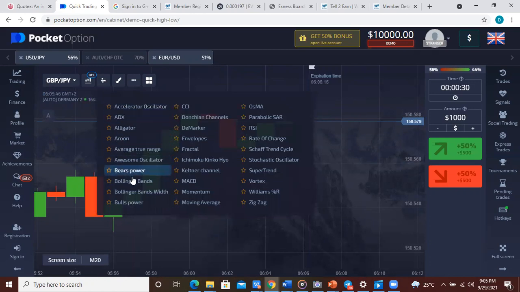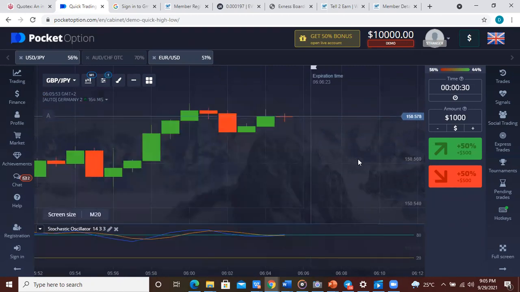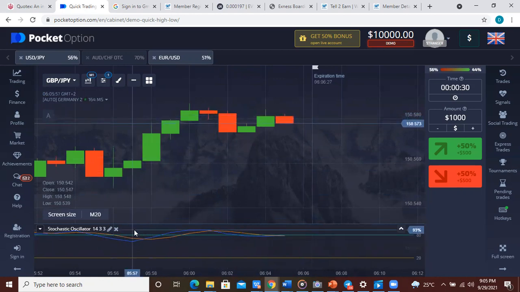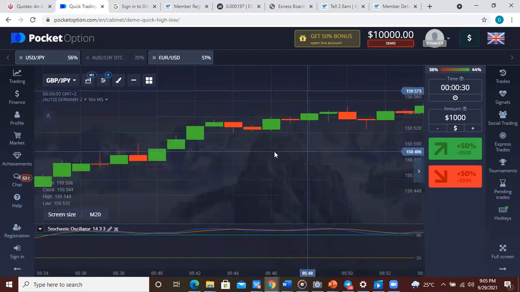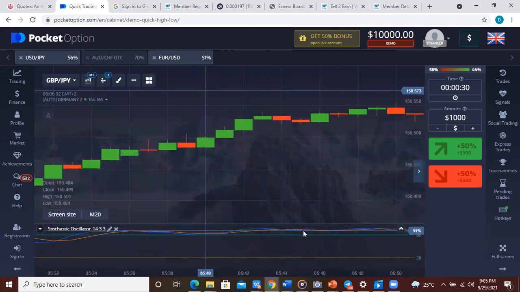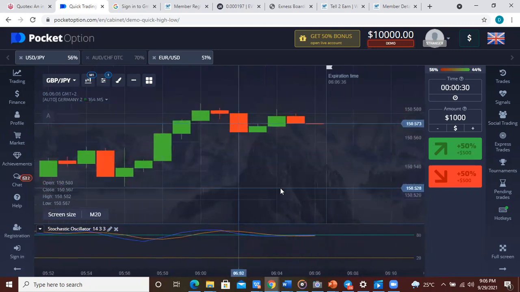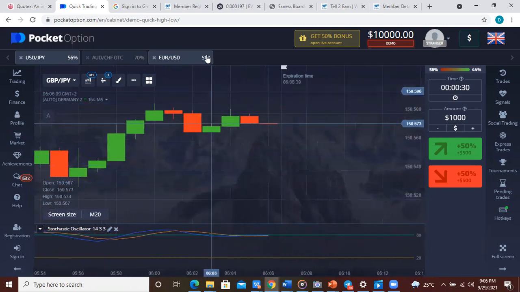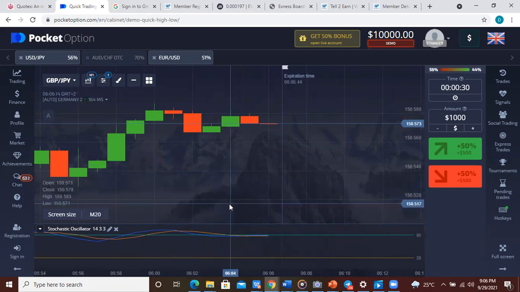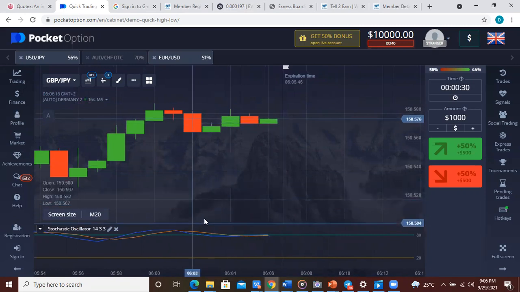We were able to know how the stochastic oscillator functions. This is the stochastic oscillator. When you activate it, you can do the settings also. It's this line that you are seeing over here. We learned that it is an indicator used to determine the overbought and oversold points of every market.